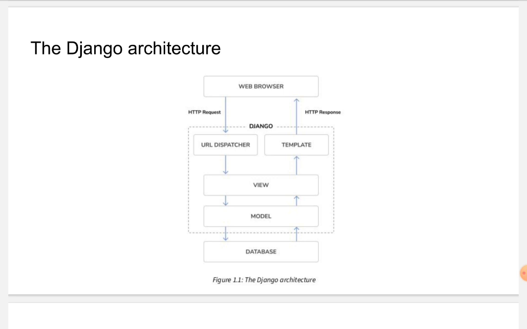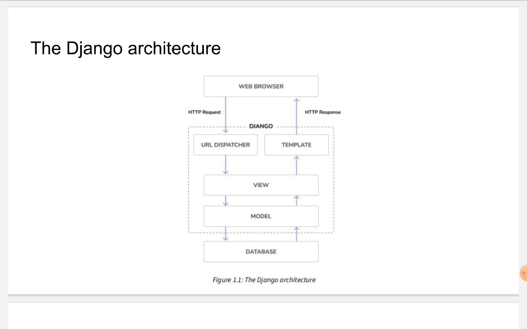Fourth, the view potentially uses data models to retrieve information from the database. Fifth, data models provide the data definition and behavior; the data is requested from the database. Finally, the view renders a template, usually HTML, to display the data and returns it with an HTTP response.